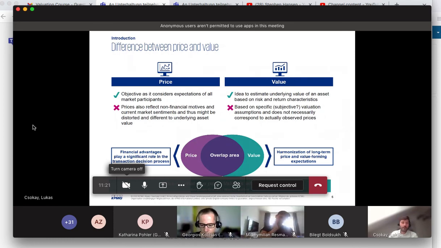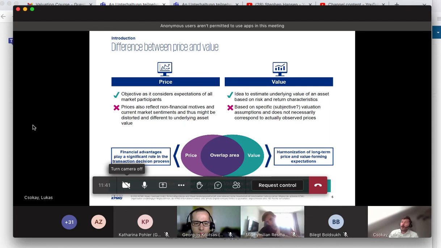So risk with your cost of capital, return with your business plan, for example, and then based on your cash flows and your cost of capital, you would calculate the underlying value, or we would expect that this is the underlying value of the business.